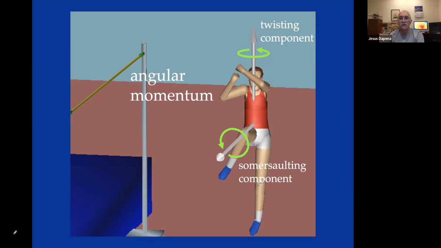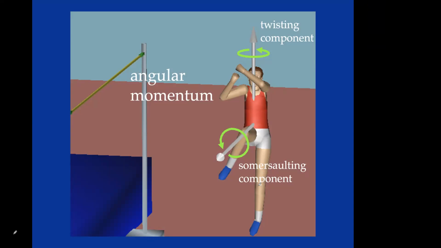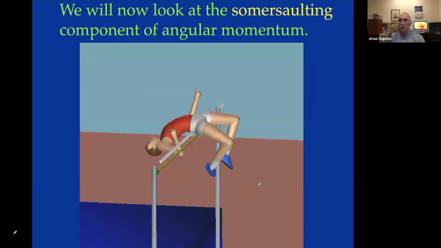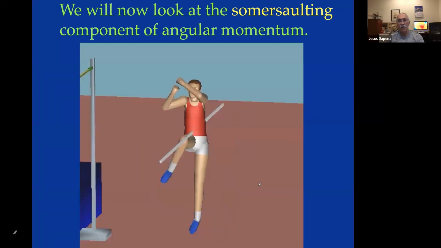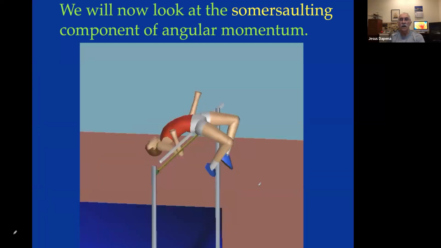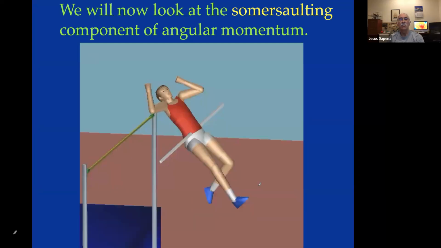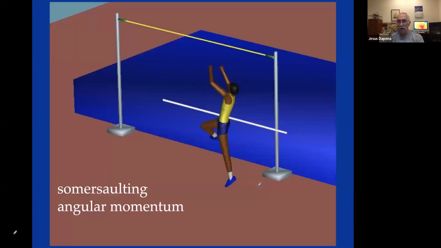And this is a rotation in which many people have problems. Okay, so we'll look at the somersaulting component of angular momentum. As I said before, it's a rotation about an axis that is more or less parallel to the bar.